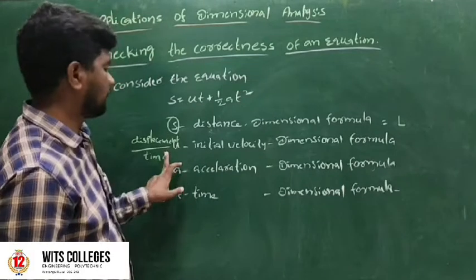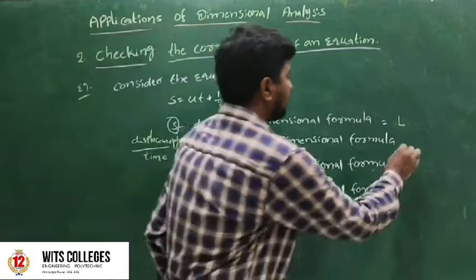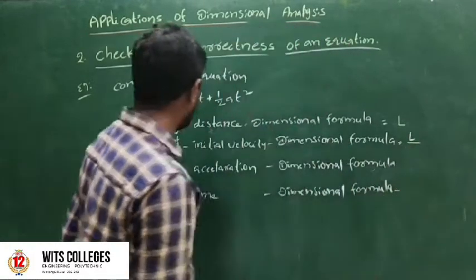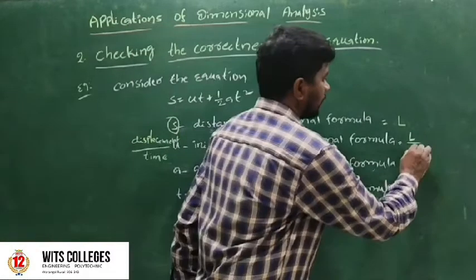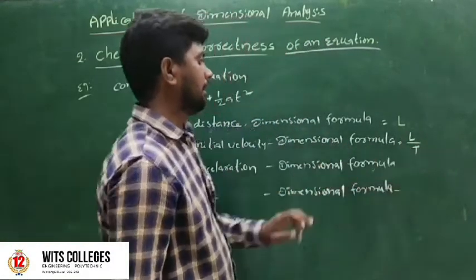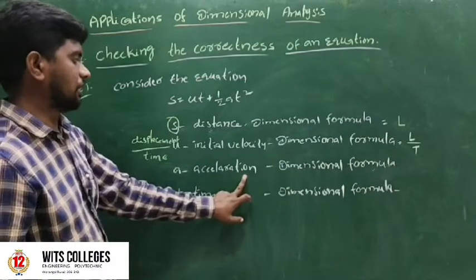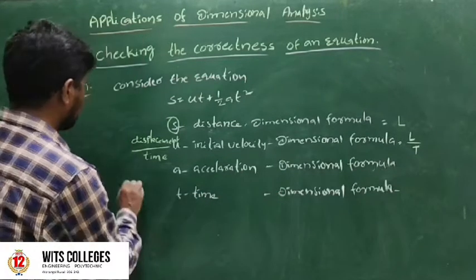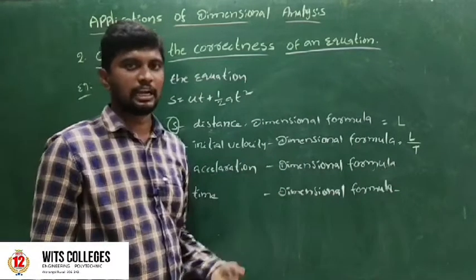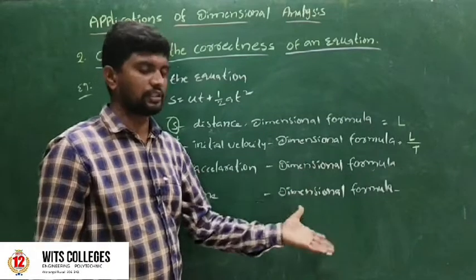the dimension formula of displacement is L, and the dimension formula of time is T, so L by T. Next is the acceleration. Acceleration is the change in velocity, and velocity is the change in displacement.